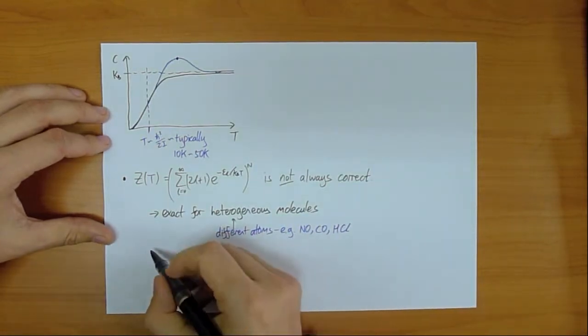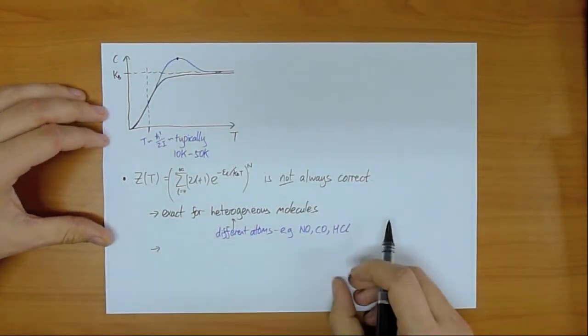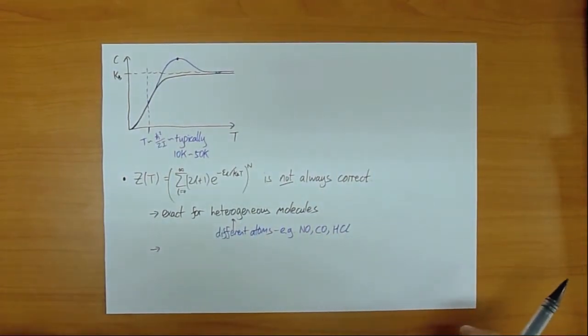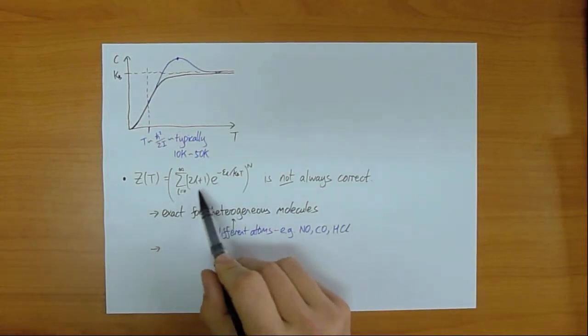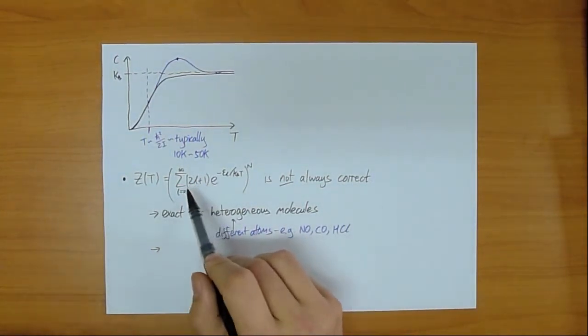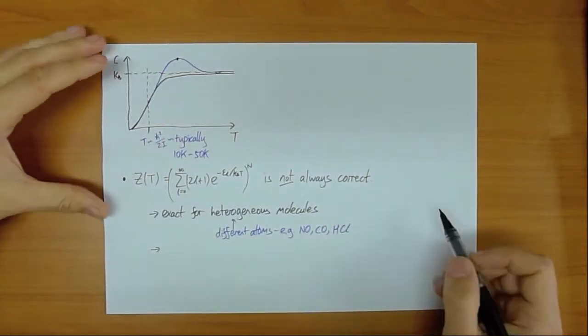But if the molecule is homogeneous, that means the two atoms are the same, then some of the energy levels here are ruled out. That means the degeneracy 2L plus 1 is not exactly correct.